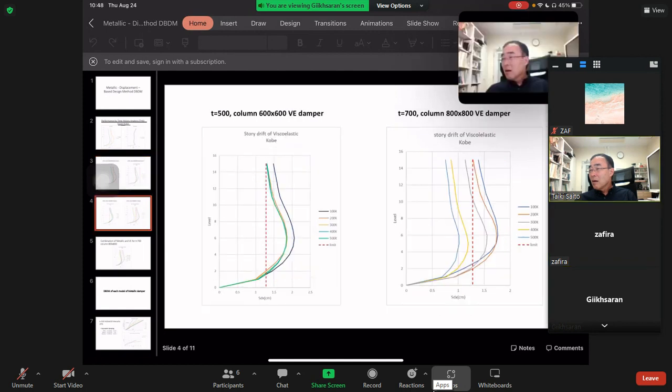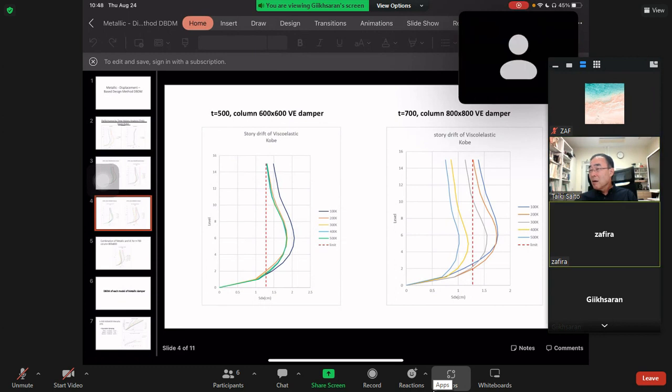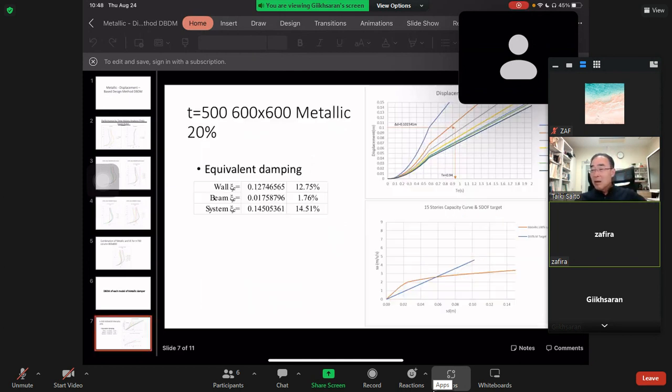Can you compare the wall percentage between 500 and 700? Here, under metallic is 12%, almost 13%. How about 700 wall thickness?